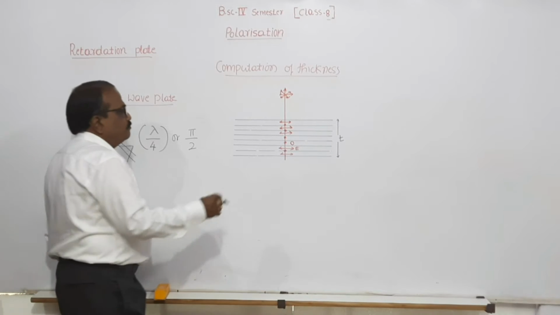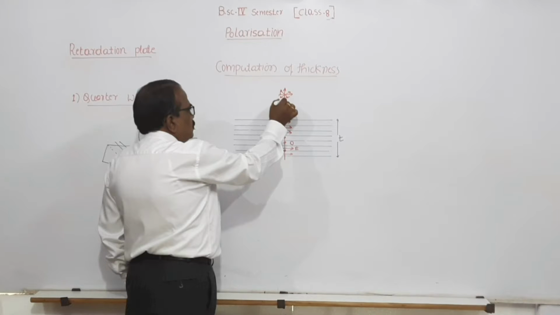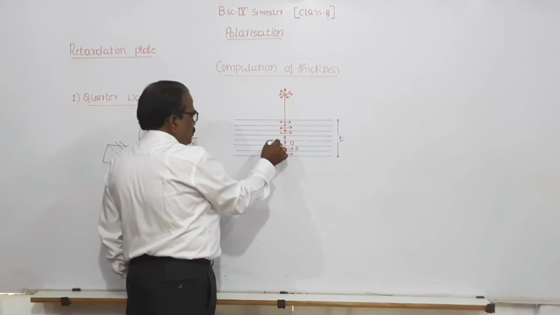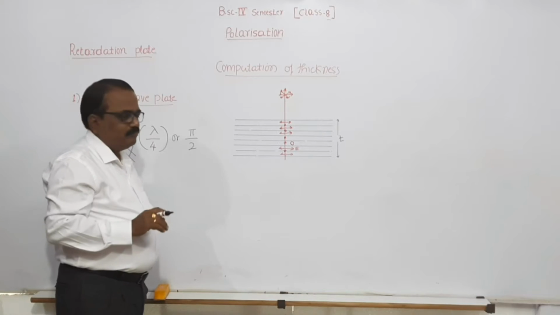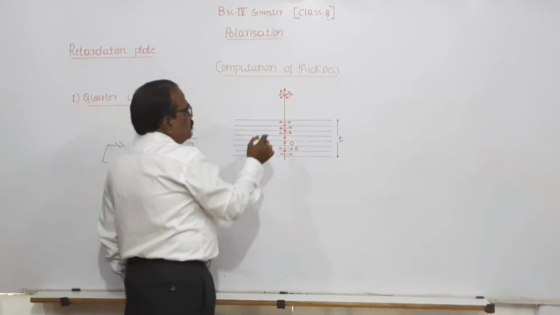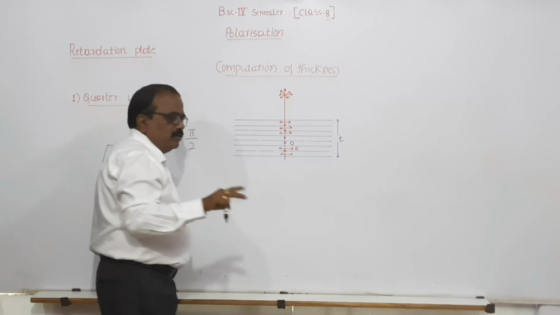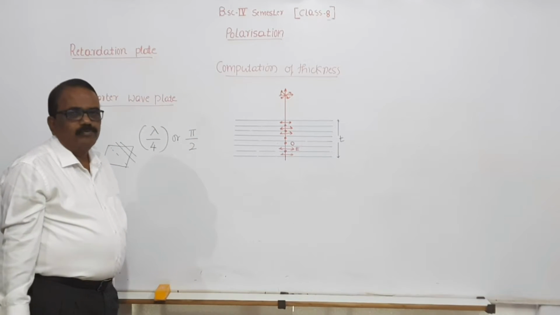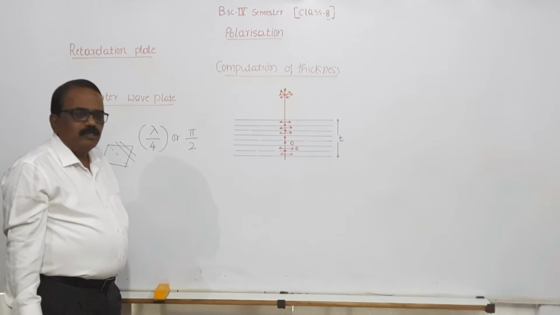So consider unpolarized light falling on the doubly refracting plate. When it falls, you know that the beam is divided into two: one is the ordinary ray, another is the extraordinary ray.